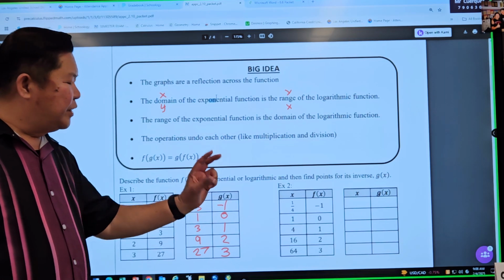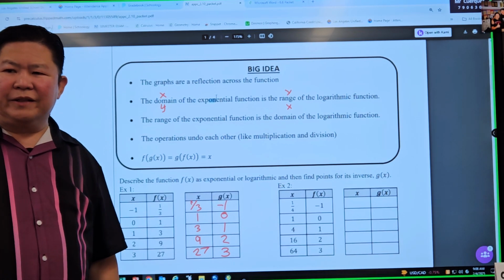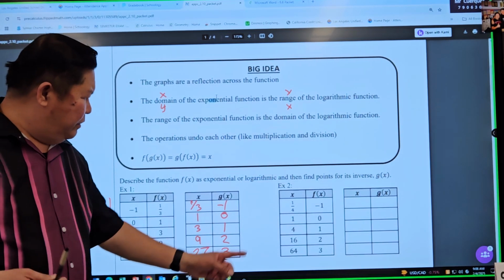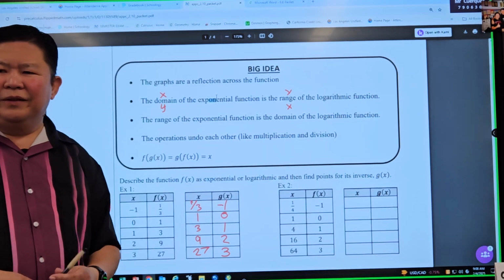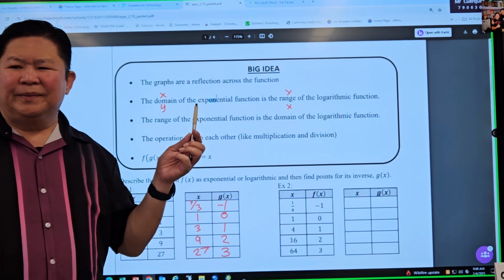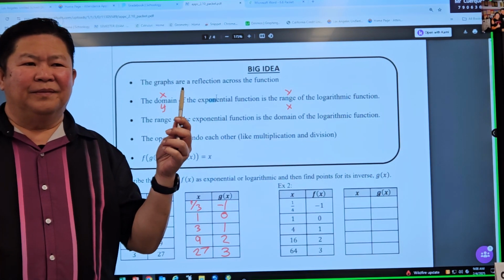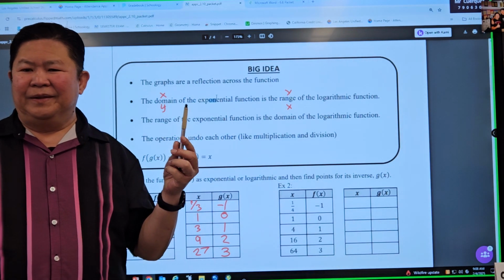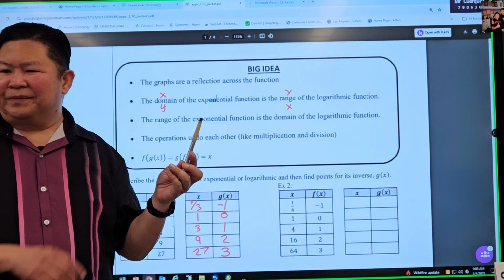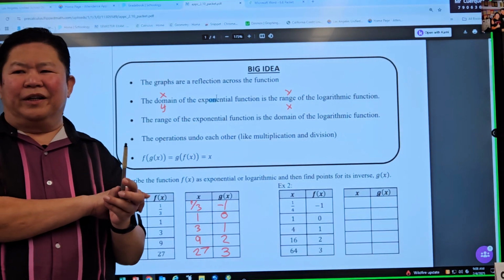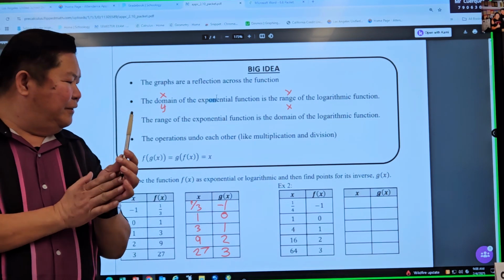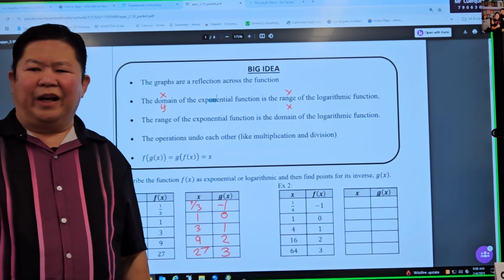Andrea, can you take the inverse of this? Fill up the table. Shall we give Andrea a round of applause?